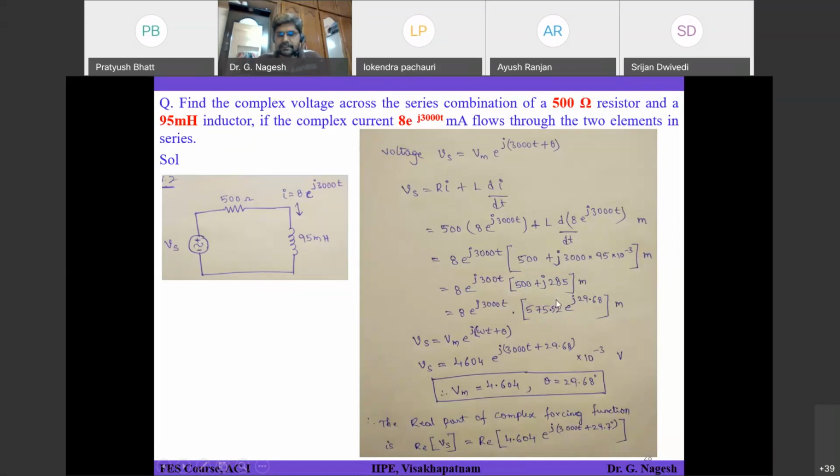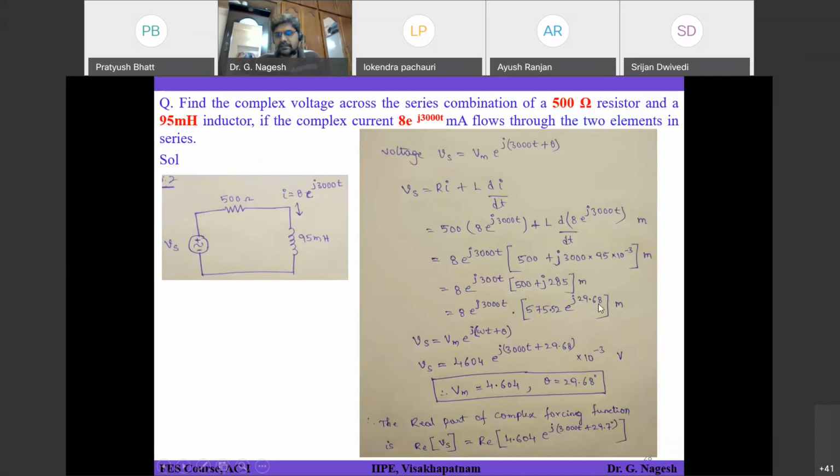What will the angle be? Tan inverse of the imaginary part divided by the real part. So tan inverse of 285 divided by 500 will give you some angle.